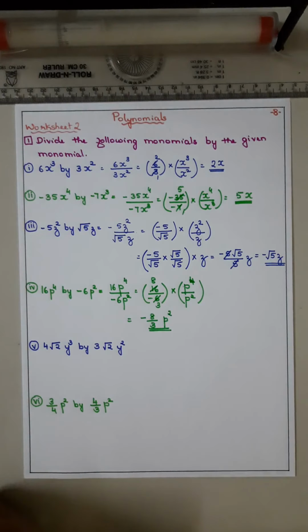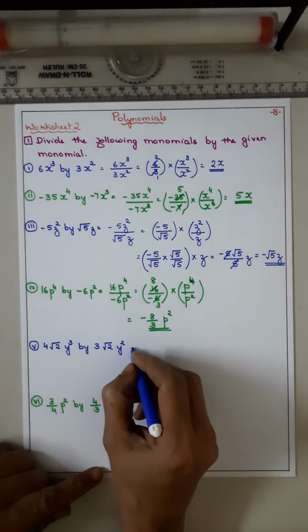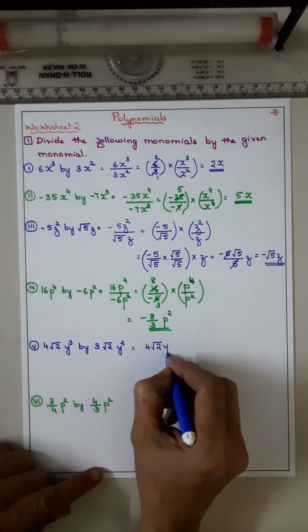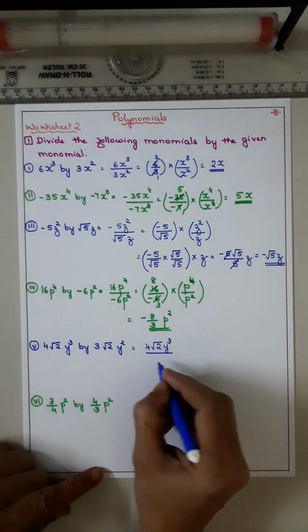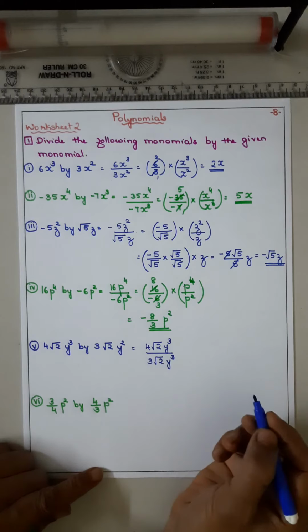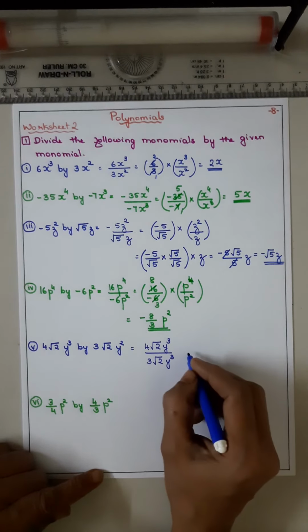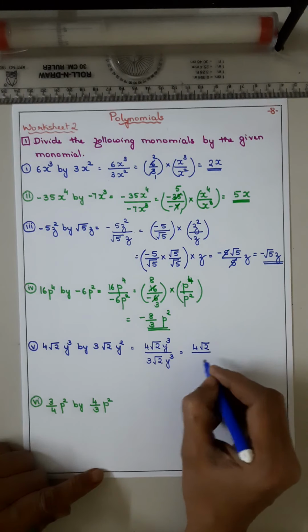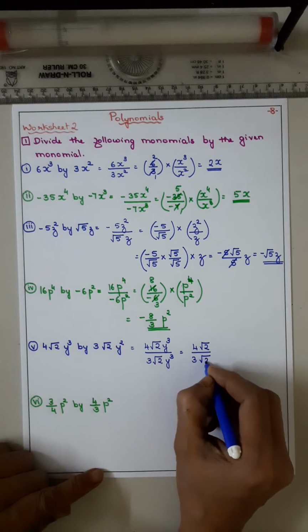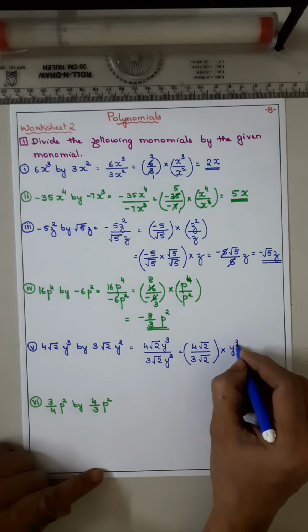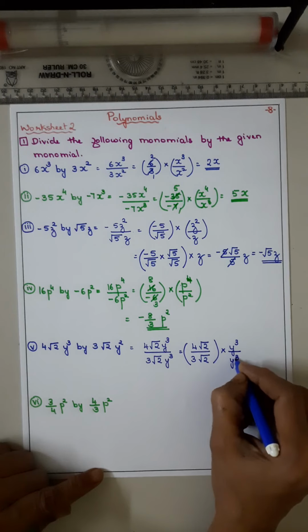Clear? Now coming to the fifth sum, it is 4 root 2 y cube upon 3 root 2 y squared. So it becomes 4 root 2 upon 3 root 2 into y cube upon y squared.